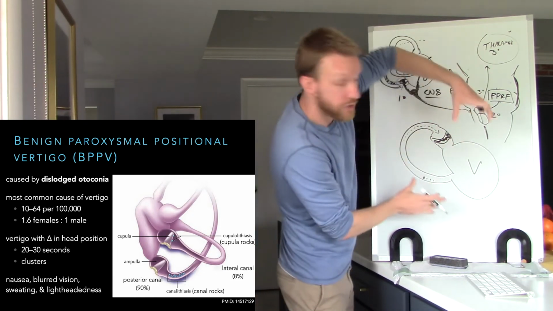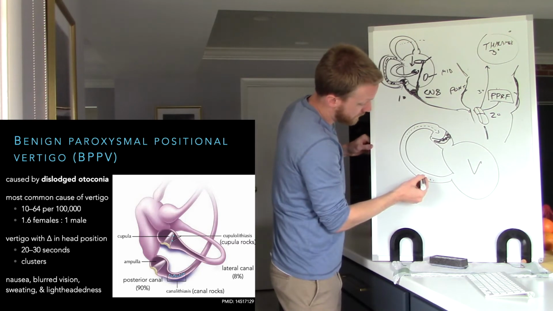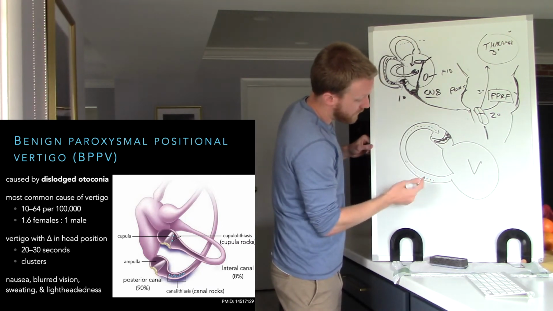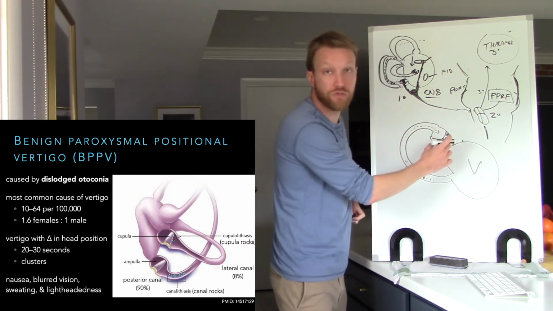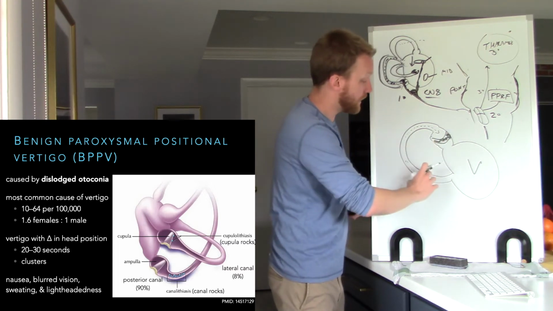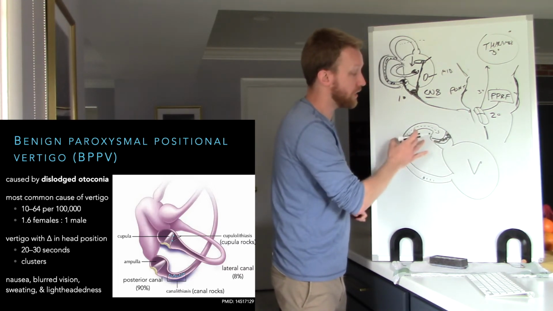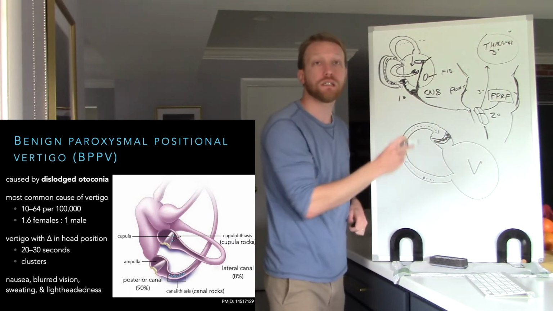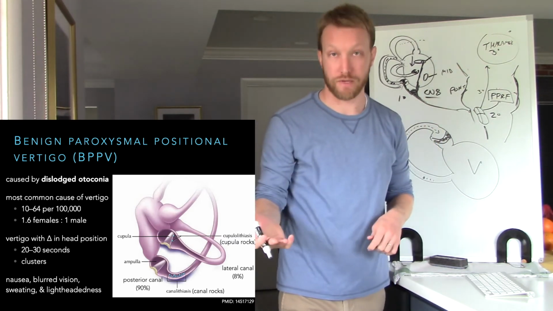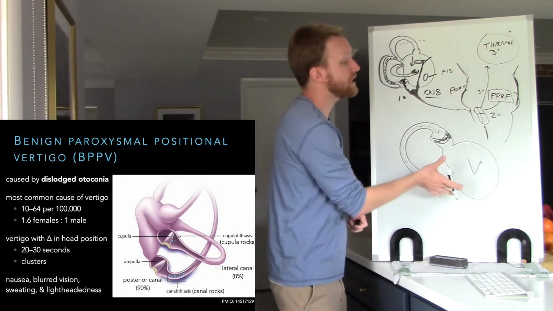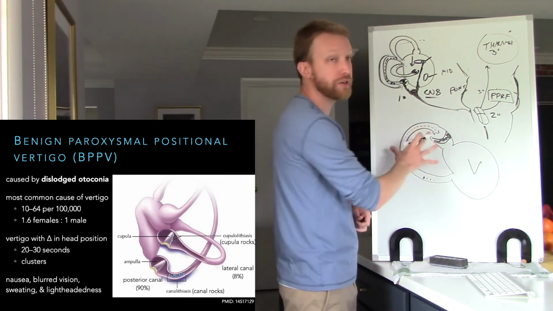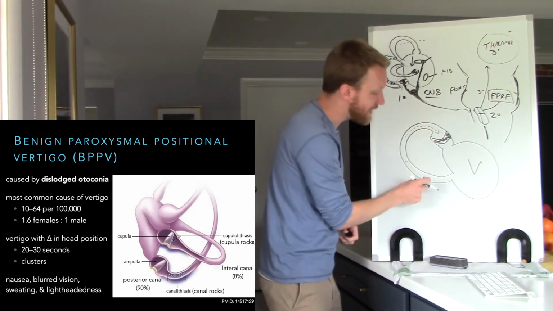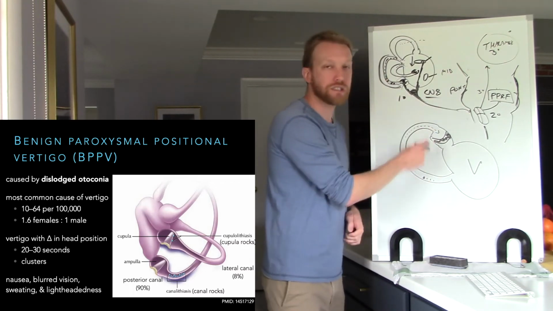Now after we've turned, that sand is going to continue to roll on down, creating prolonged fluid movements. And as the endolymph gets pushed by the otoconia there, it's going to deflect our cupula, and that's going to give us a sense of further movement. So it's going to seem like our head continues to turn. Even though we're not moving, the sand is. And that gives us the sensation of moving.